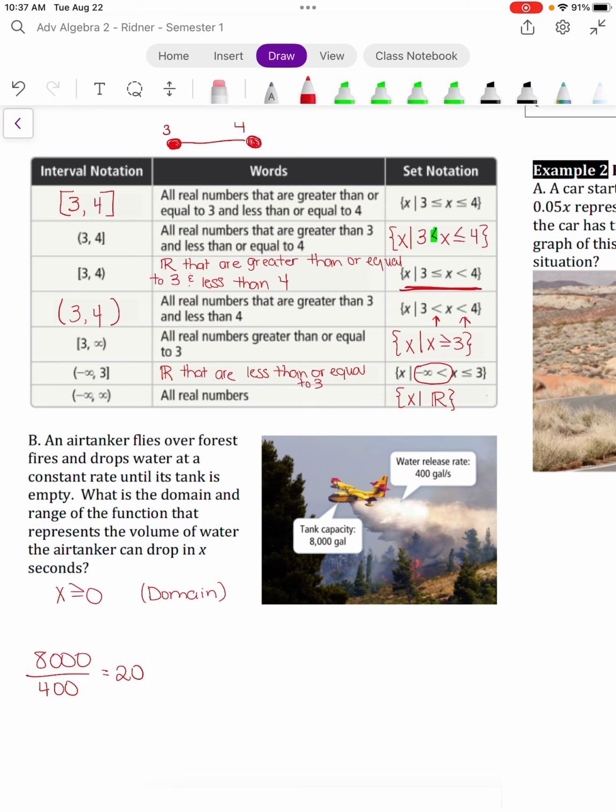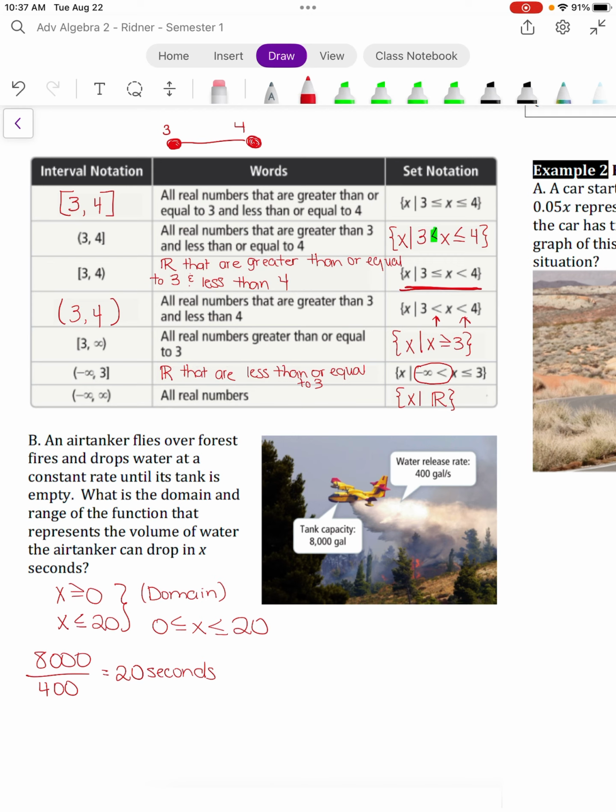So 20 seconds before it runs out. So X has to be less than or equal to 20. So to write that as one statement, we start with 0, X is in the middle of that, and then 20 at the end.